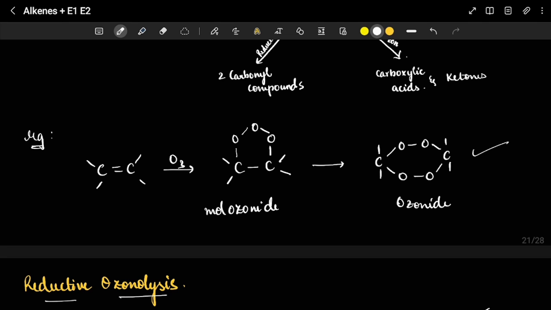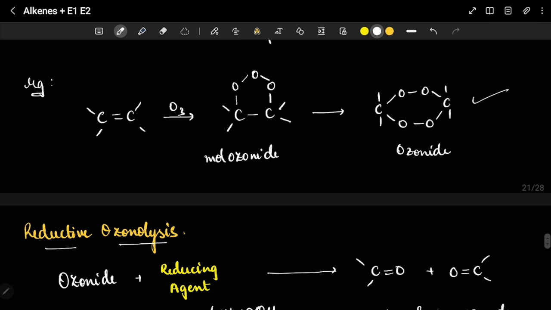So what would happen here? This bond is given like this, and the lone pair is given like this, and so on. These rearrangements take place, and then some recombination takes place, and then ozonide is formed. It looks something like this.